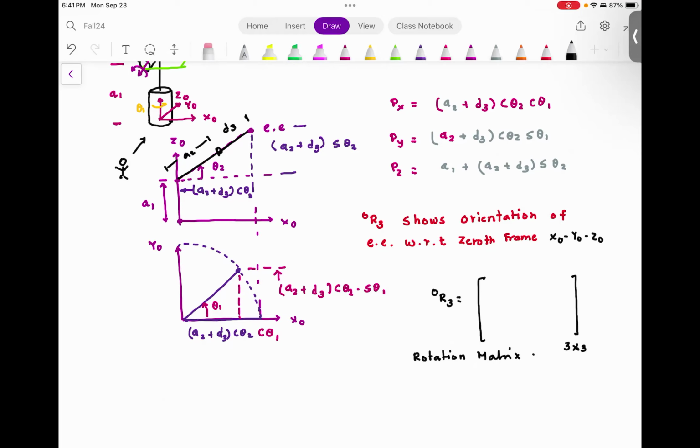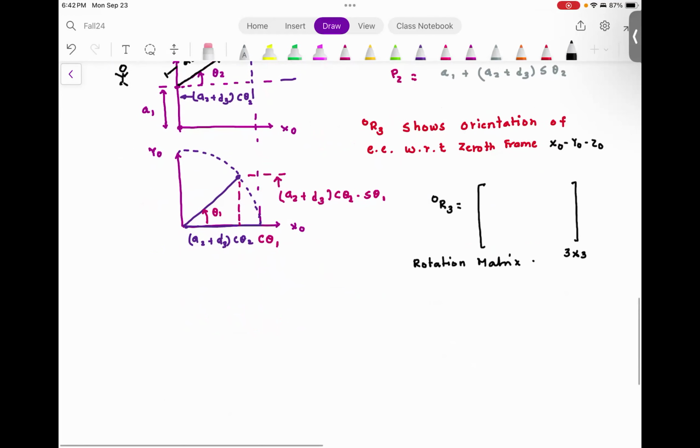The easier way to visualize is we can convert these rotations into Euler angles. We talked about Euler angles. You have roll, pitch, and yaw. So to visualize, the rotation matrix is converted to Euler angles.